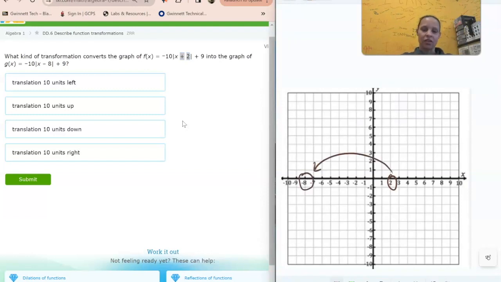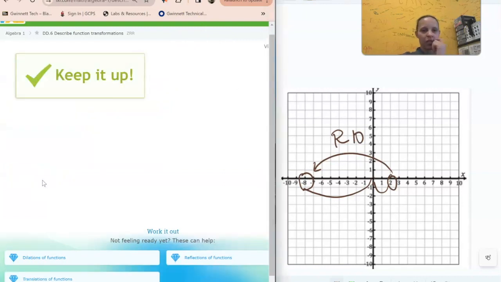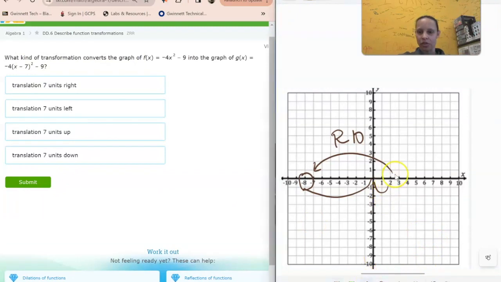I would think I went left, but because it's opposite, this is really right. And how many spaces did I do it? To count this fast, again, you can count it individually. From 2 to 0 is going to be 2 boxes. From 0 to -8 is going to be 8 boxes for a total of 10. All right, so this is right 10. Just remember, x is opposite. Okay, so whatever it is, it's actually opposite of whatever you think.